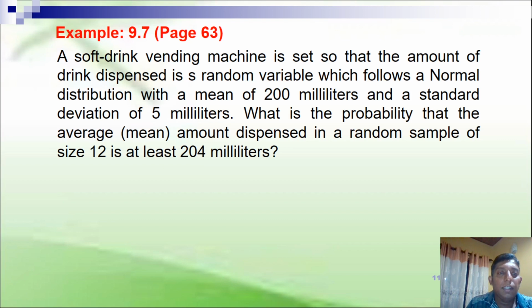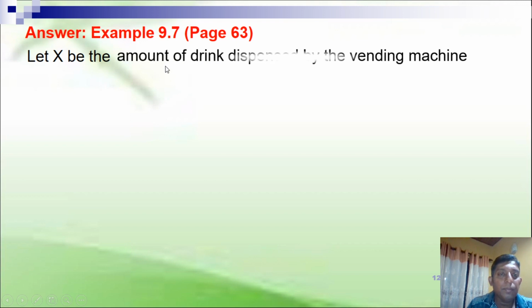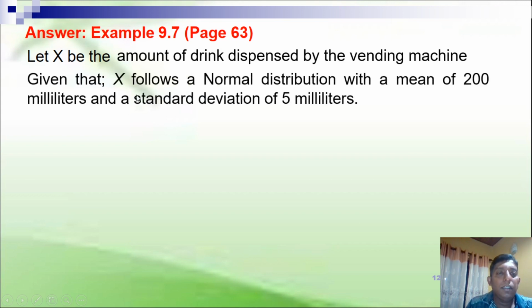Once you have this type of question, as a first step, define the random variable. Now see the answer for this example 9.7. First define the random variable. Let x be the amount of drink dispensed by the vending machine. Then note down the given information.